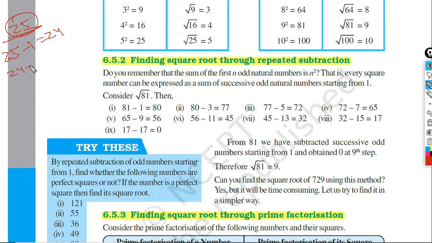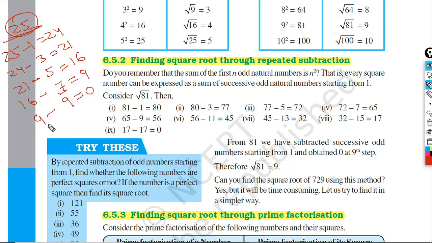Again 24 minus the next odd number 3 will be equal to 21. 21 minus the next odd number 5 will be equal to 16. 16 minus the next odd number 7 equal to 9. 9 minus the next odd number 9 will be equal to 0.